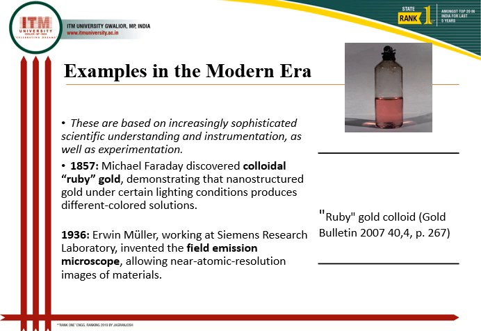He discovered colloidal ruby gold and demonstrated that nanostructured gold under certain light conditions produces different colors. So you can say even Michael Faraday started this work in the modern sciences.